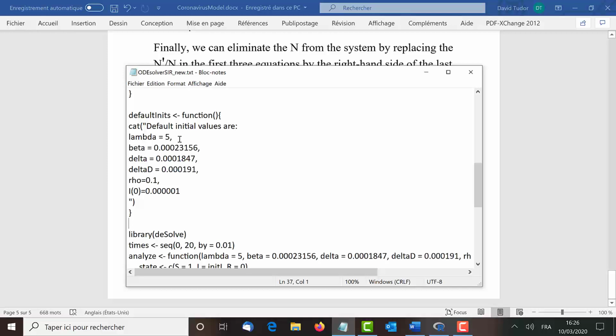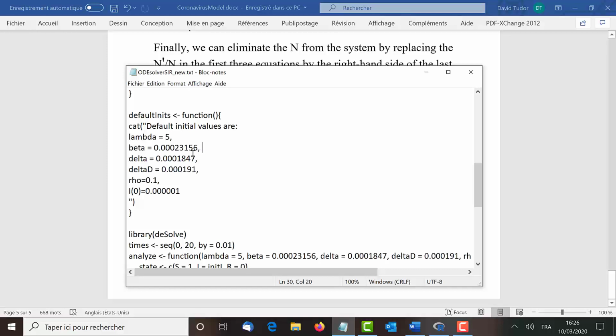Just to see where they came from, lambda is the contact rate for each infective. Here we're saying that there are 5 contacts per week. We can change that to 2, or we can change it to 10. You can explore and see what the effect is. The beta is the birth rate. I've taken the birth rate in the UK and reduced it down to a weekly birth rate.